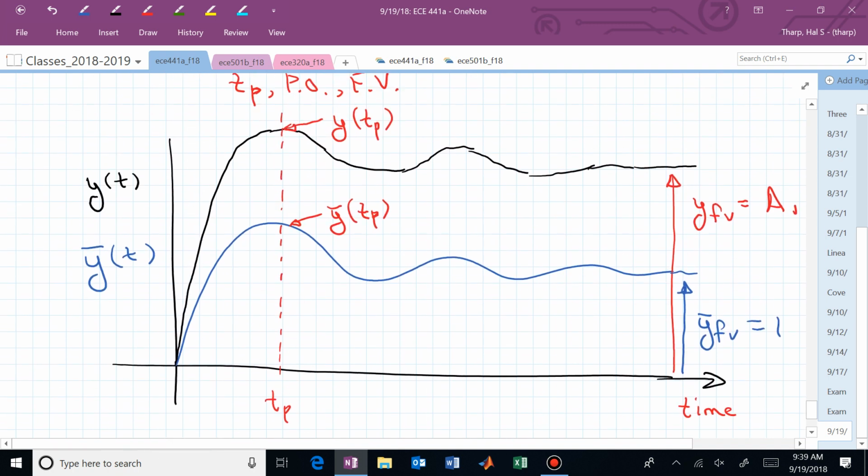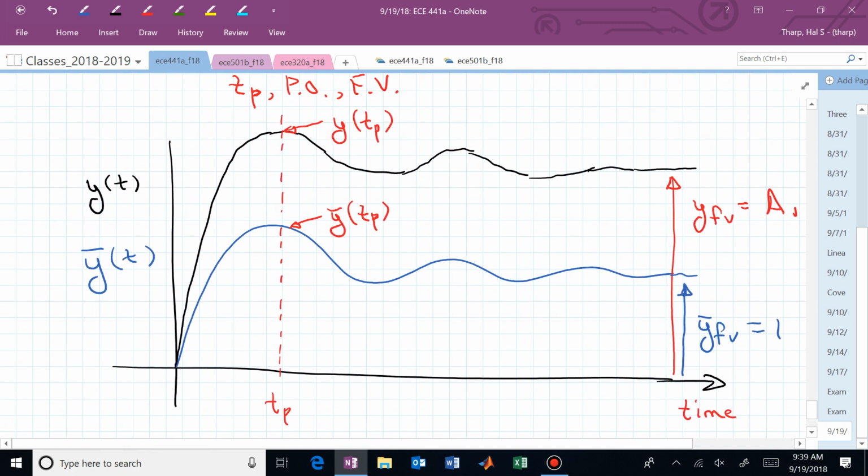Now, if somebody asked you to find, and they gave you a formula for y bar of t, and they said, oh, find when it peaks, what would you do with that formula for y bar of t? Maybe they hand you this expression, this function of t, and that's y bar of t, and they say, give me when this function peaks.